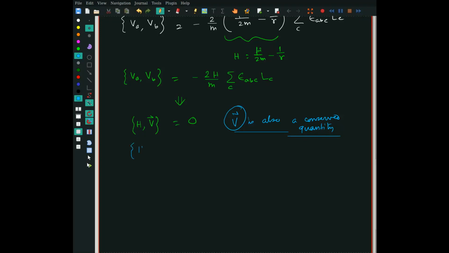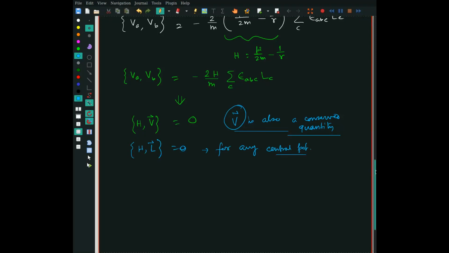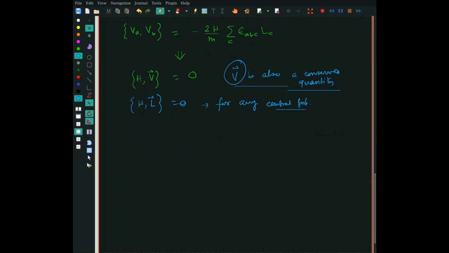So basically, you can check that the commutator of H and L is equal to 0 for any central potential. So now you can go back to the expression of this V.